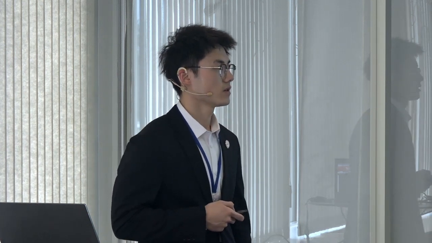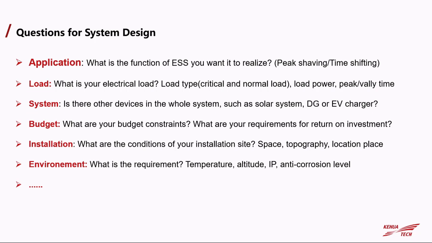Like the temperature, the lowest and the highest temperature, and the altitude, because when the altitude exceeds a certain value, the converter will have a degradation of power. And for the battery system, it's the same situation. And also the protection grade and the anti-corrosion level.